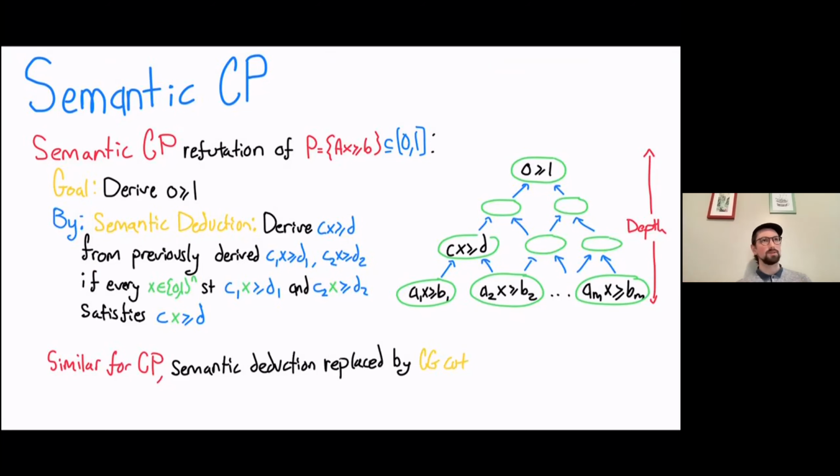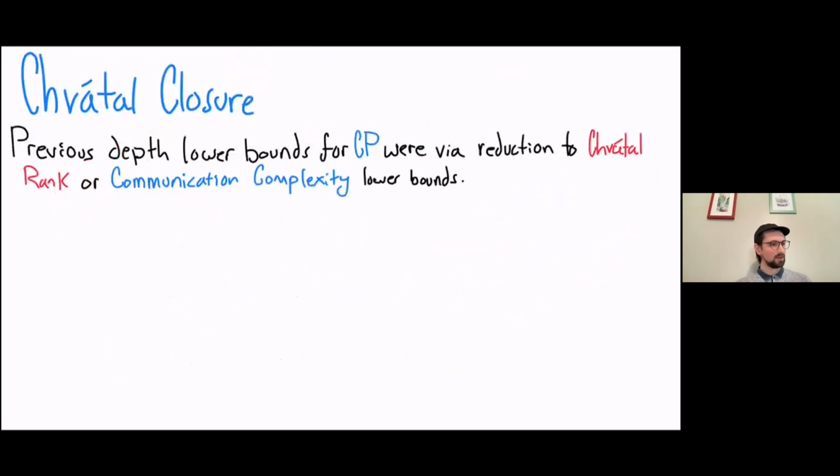And depth kind of captures the parallelizability of these proofs, and therefore the algorithms which are captured by these proof systems. So it's a pretty natural parameter from that perspective.